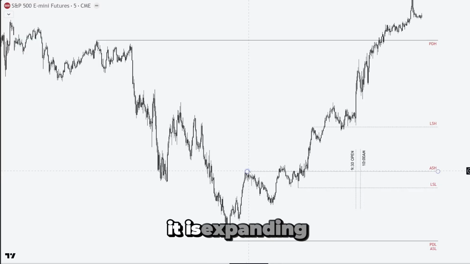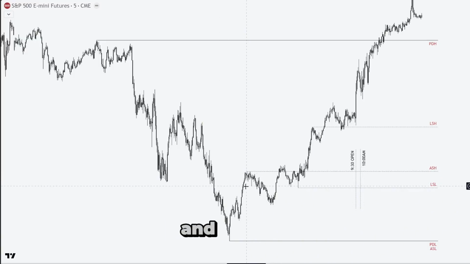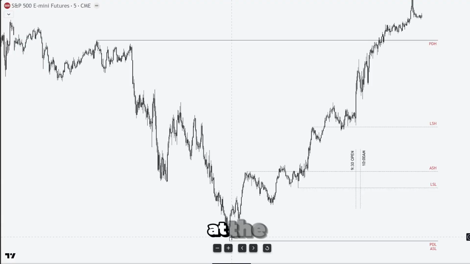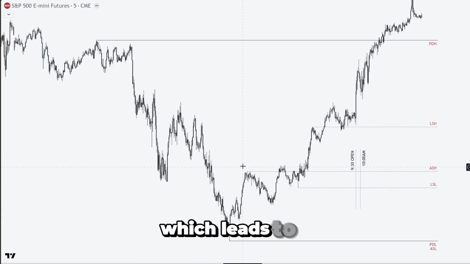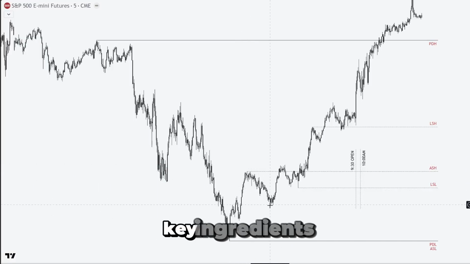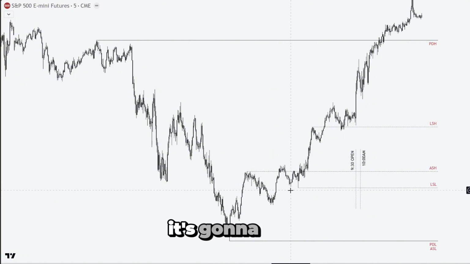It is expanding. And it's also at the very end of this expansion, which leads to a reversal. So you've got some key ingredients here for you to follow. That's going to give you some clues as to where we're going here.